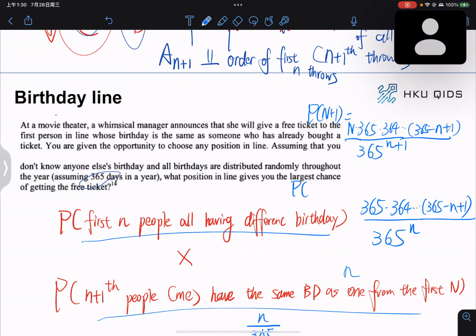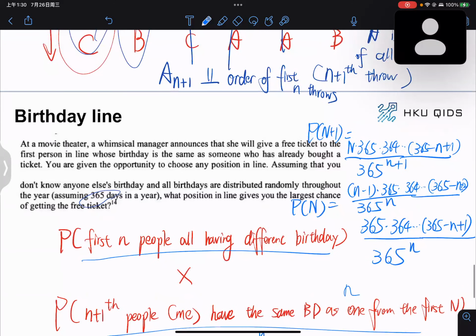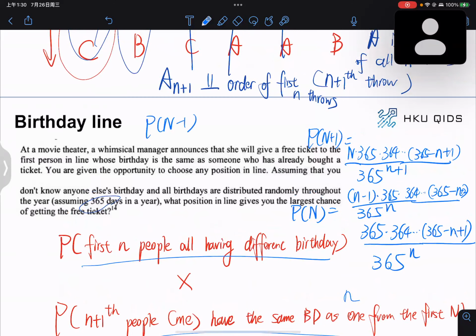And then we can also write the probability of n minus 1, which is n minus 1 over 365 to the power of n, with the same part, and the last factor being 365 minus n plus 2, right? Okay, and we can also have the probability of n minus 1.